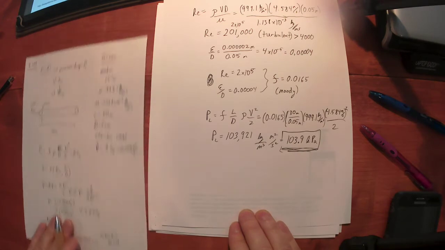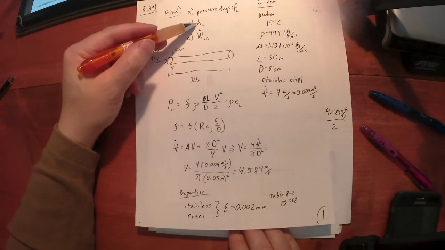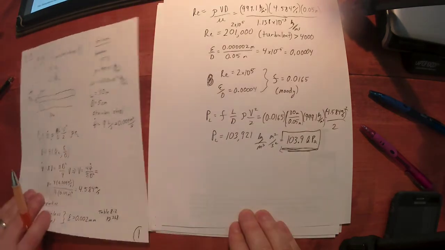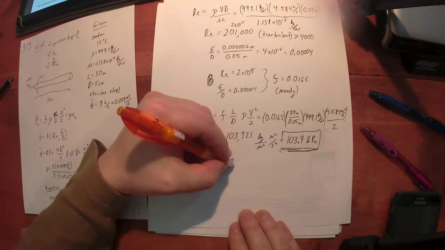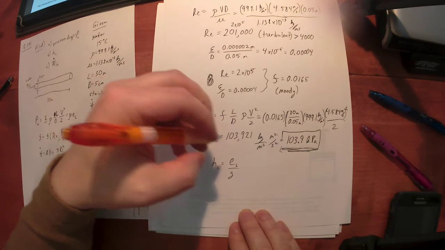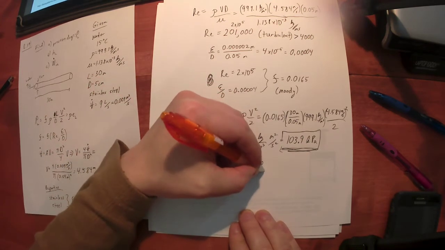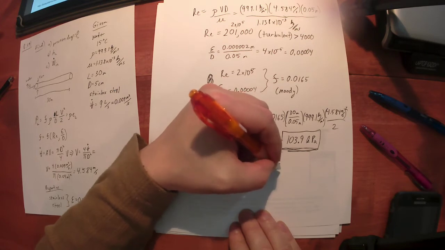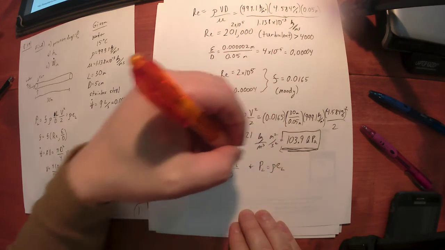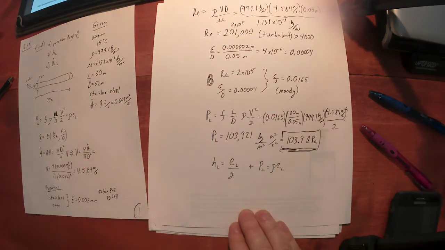The problem also asked for a couple of other things. It wanted to know the head loss. Well, the head loss is going to be the energy loss divided by gravity. And the pressure loss is going to be the energy loss multiplied by density. Well, I know the pressure loss.